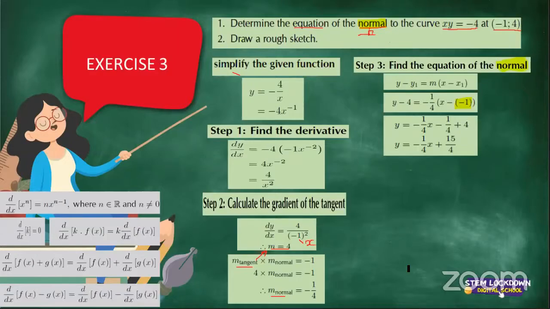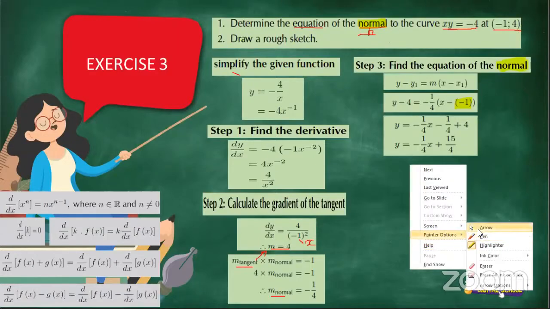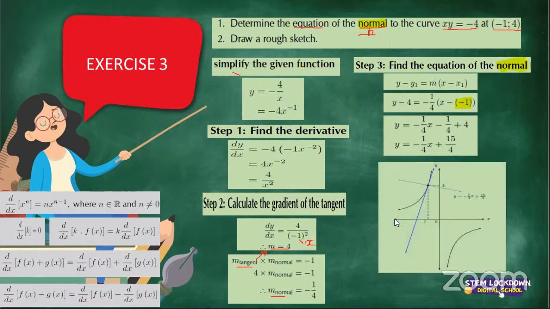And then this is your function. So remember, this is the equation of the normal, not the tangent. If you were supposed to calculate the equation of the tangent, you would use a gradient of 4. Okay. So before I move to the next one, do you guys have questions?